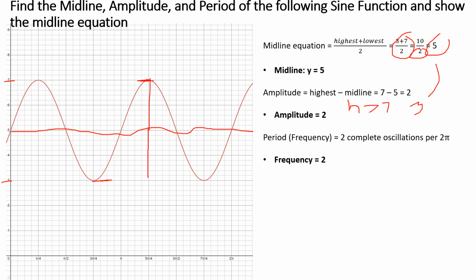So 7 minus 5 equals 2. Or I could go from my midline, which is 5, to my trough, my lowest point, which is 3: 5 minus 3 equals 2. It is just the absolute distance between those two. And technically, it would be represented by these 2 vertical lines on each side of that number.